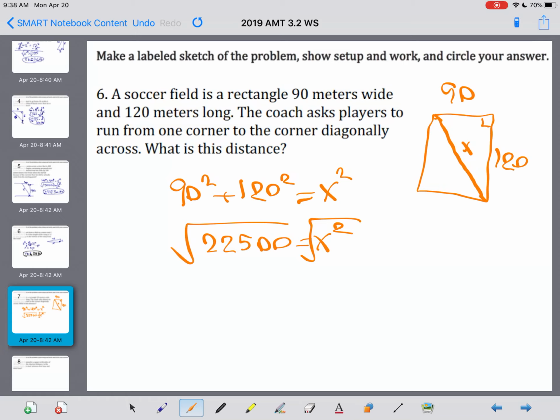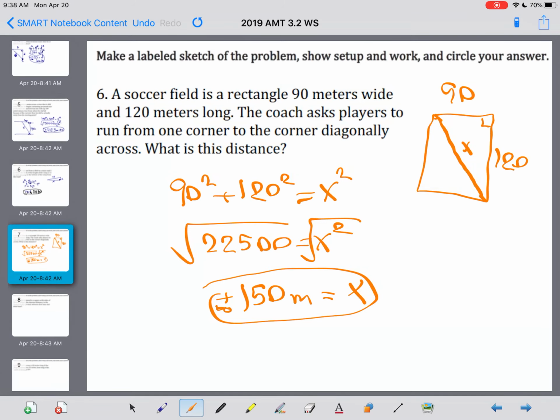And I'm going to square root that while it's still on my calculator. I get 150 meters, plus or minus. And I only want the positive one. 150 meters. If you did that twice, it'd be 300 meters.